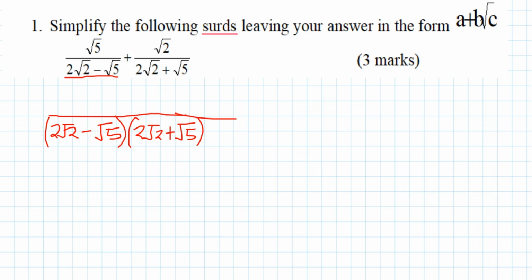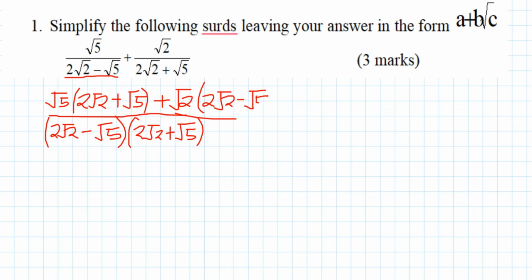So in the numerator, we're going to have the square root of 5 multiplied by 2 root 2, and then plus the square root of 5. And then for the second part, we are going to have the square root of 2, and then we put in brackets 2 root 2, and then we take away the square root of 5, like that.